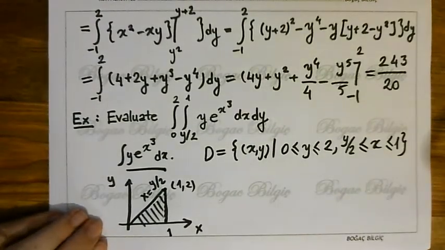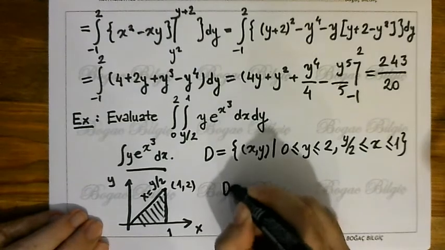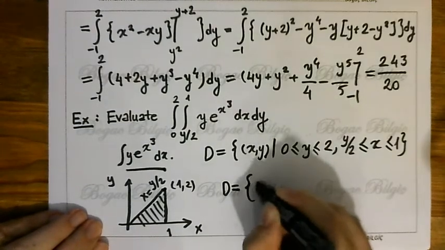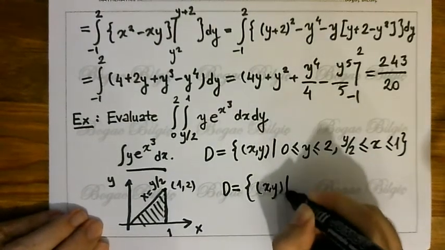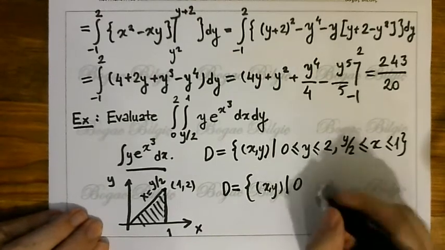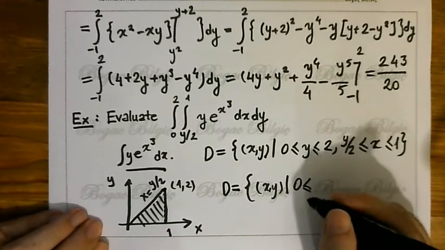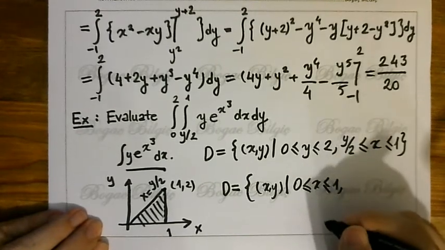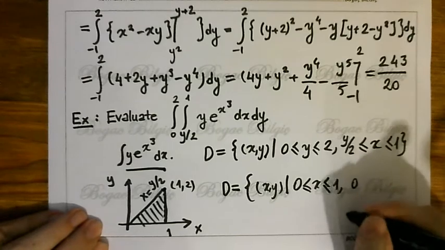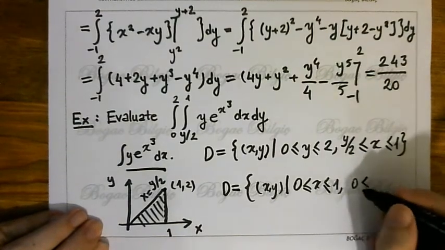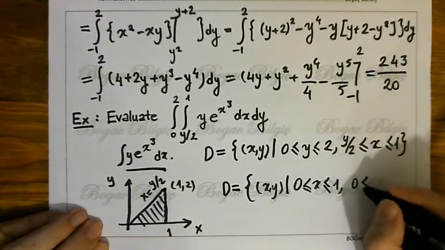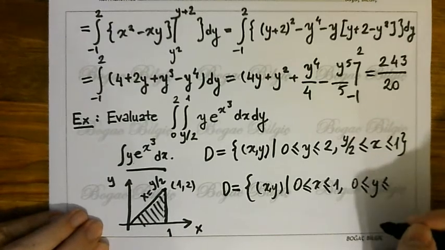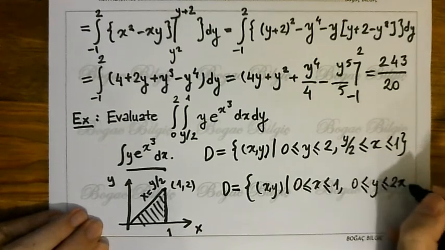Then, from this figure, we see that an alternative description of D is the set of (x, y) such that 0 ≤ x ≤ 1 and 0 ≤ y ≤ 2x.